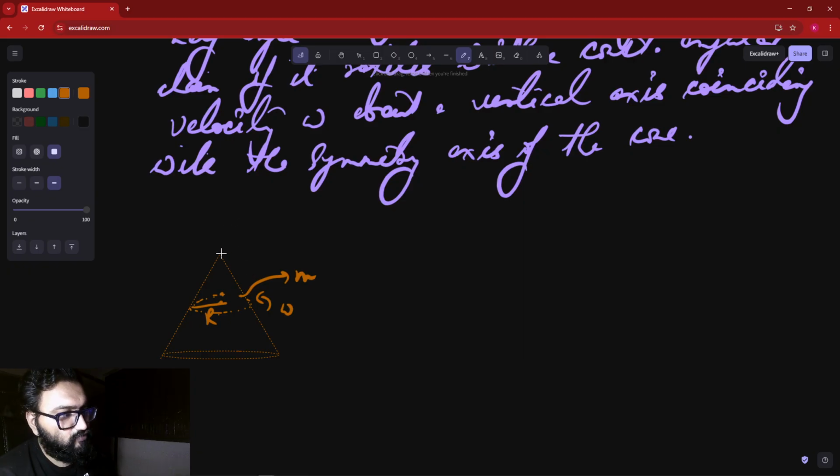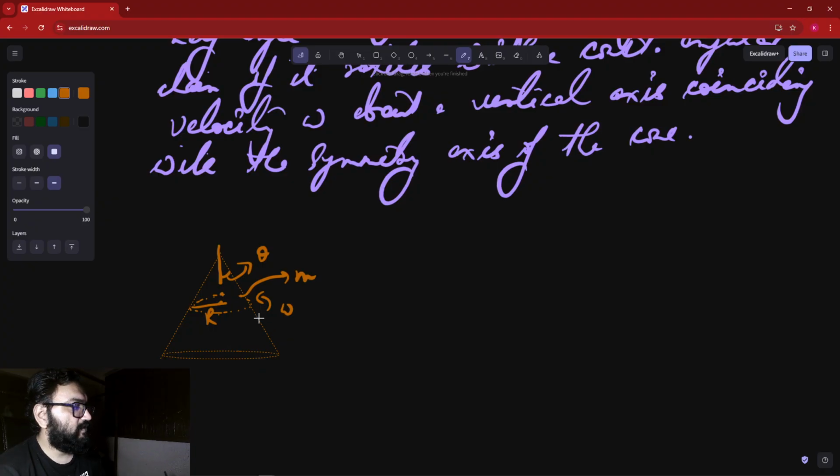The half angle of the cone has been given to me as theta. Given this information I need to find out the tension in the chain. Let's observe what exactly is happening in this problem and try and solve it.